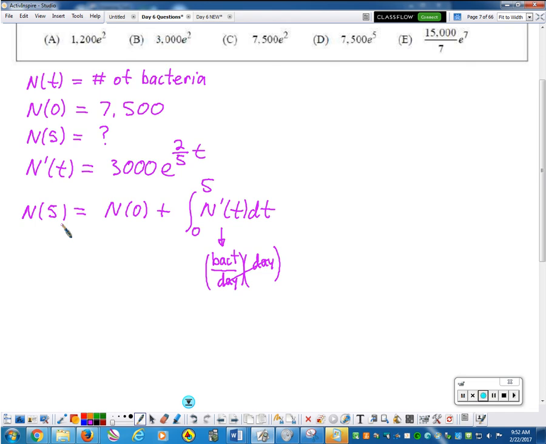Awesome. So can I erase this little unit thing? Now we do this. We say n of 5 is equal to $7,500 plus the integral from 0 to 5 of 3,000 e to the 2/5 t.